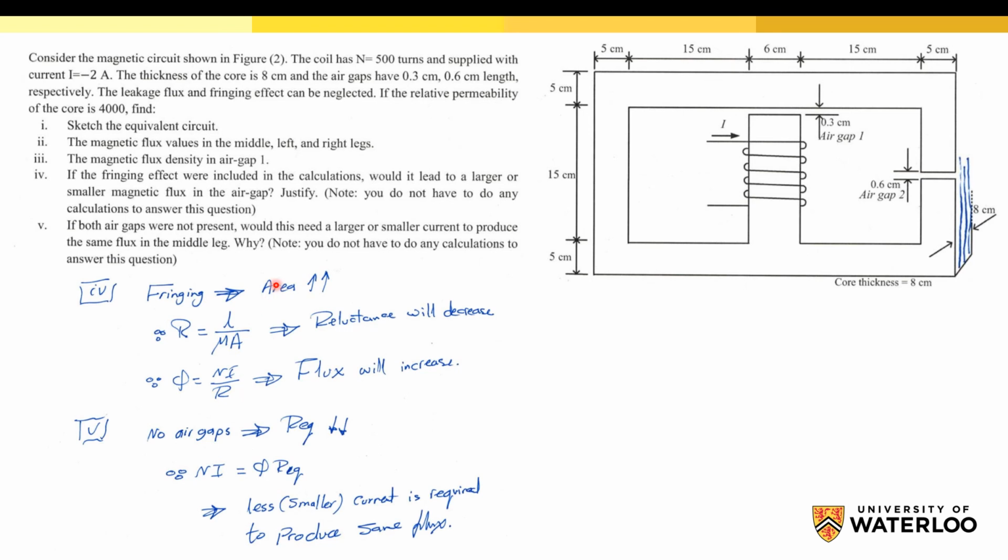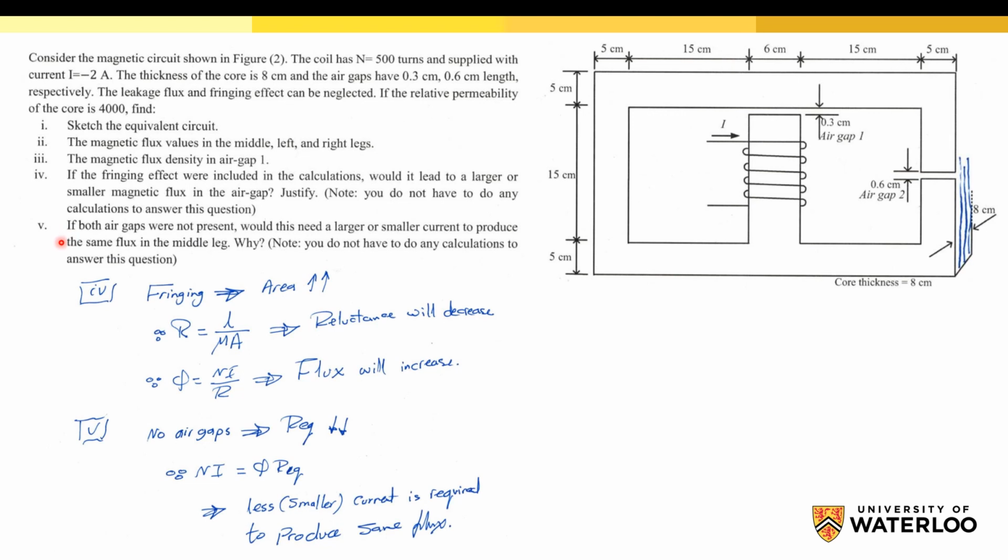And if the area is larger, this means that this reluctance will be less. So this reluctance will decrease. And if the reluctance is decreased, the flux will increase. So it will lead to more flux.